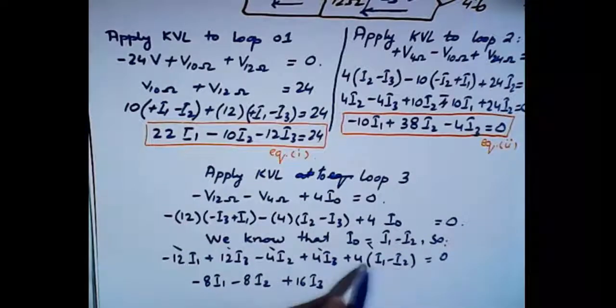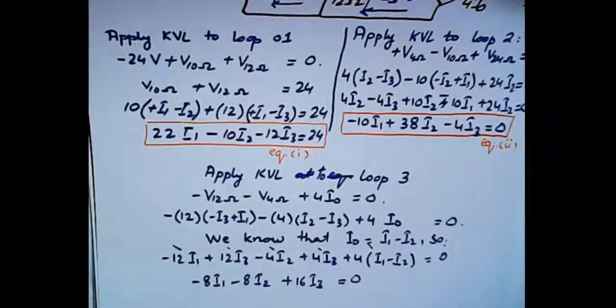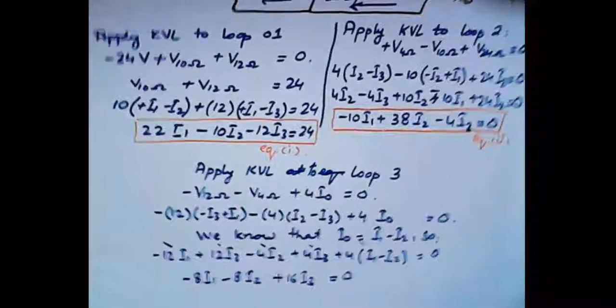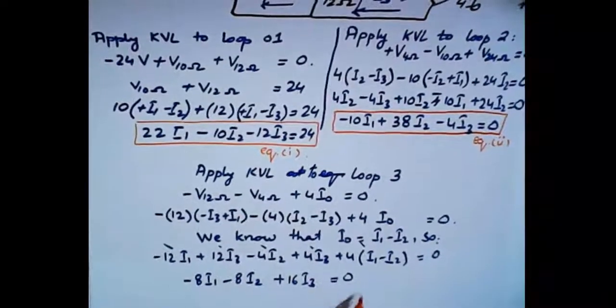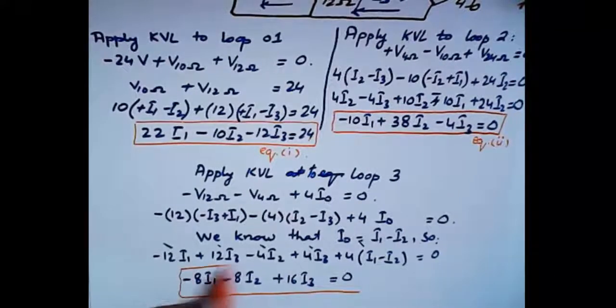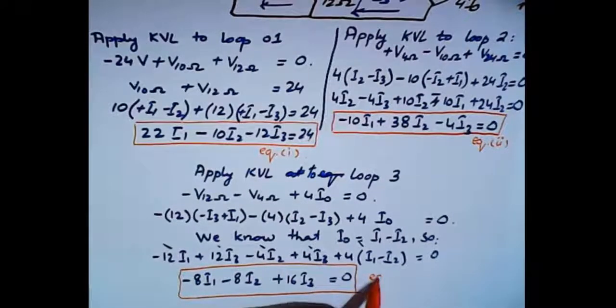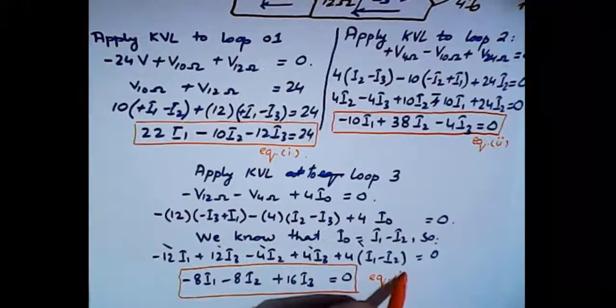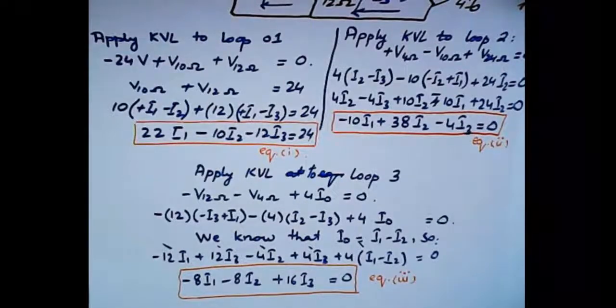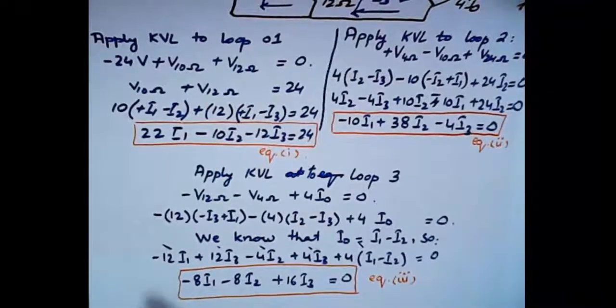I2 was 1 2 3 4 5 6, okay, fine, is equal to 0. So this will be our equation number 3, right? And we all know how can we solve equation in a calculator.